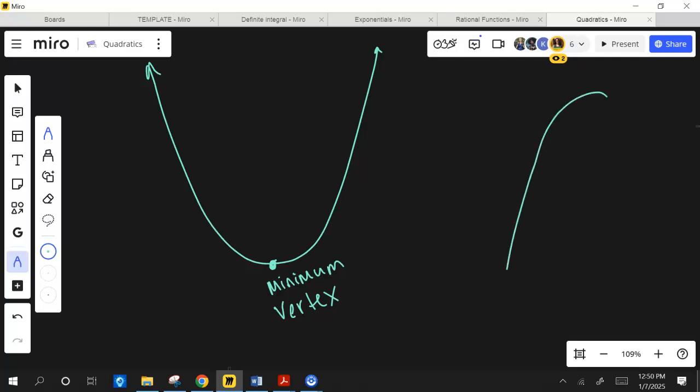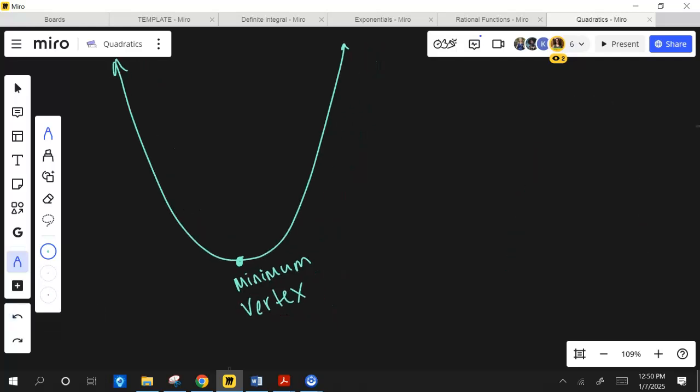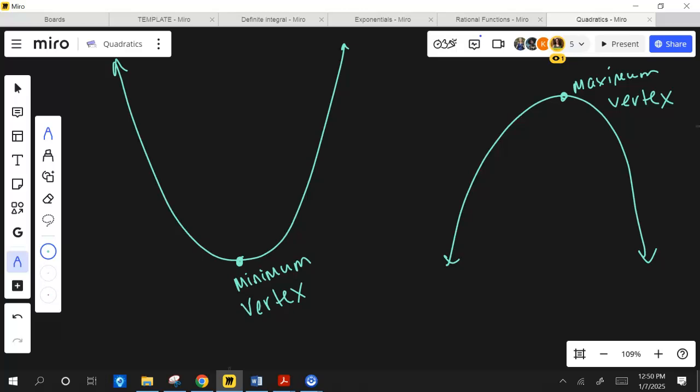Or if my parabola was, golly, I can't draw them upside down today. Get with it. If it's this way, it's of course a maximum, but it's still the vertex, right? The vertex is very special for a lot of reasons. One, it's obviously that maximum or minimum point. The other thing that happens at the vertex, if you look at this graph, right, I'm going down.